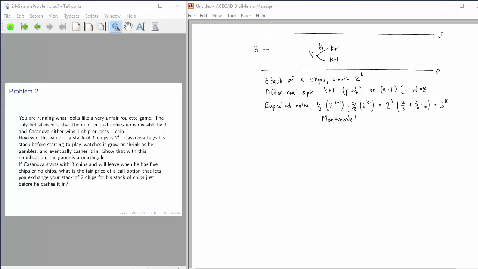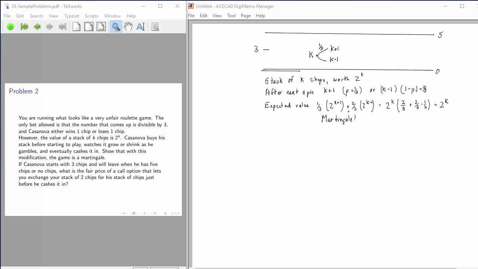Okay, now let's invent a call option in this case. We're going to set the strike price at a stack of 2 chips, and this option will say, just before Casanova cashes out, this option lets you take your stack of 2 chips and trade it for his stack.